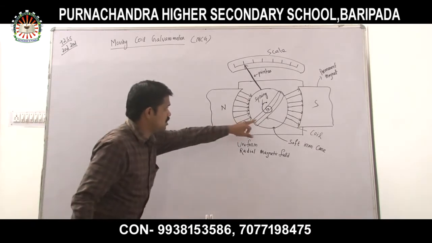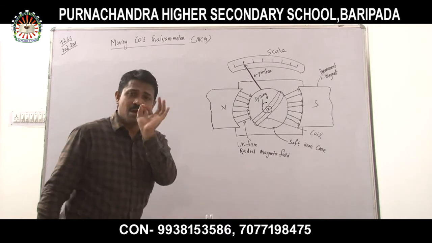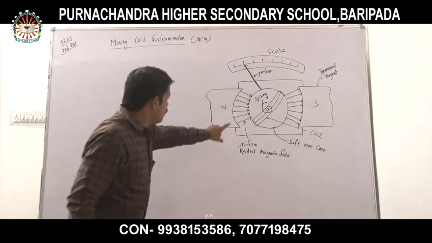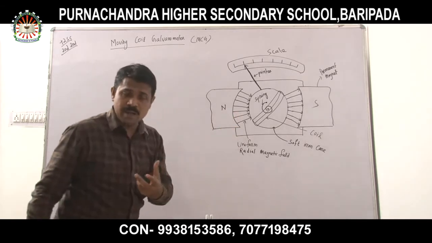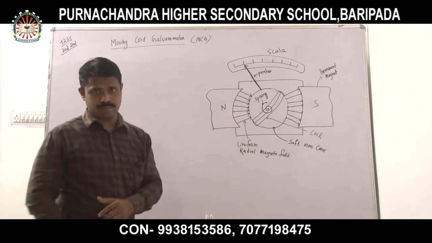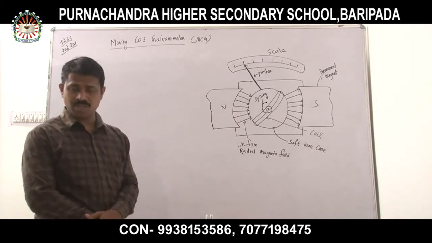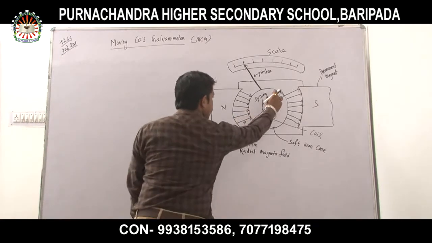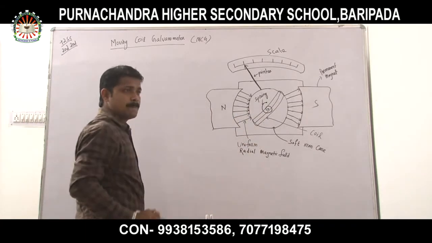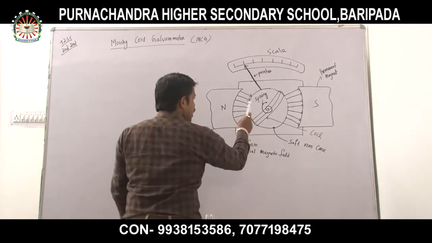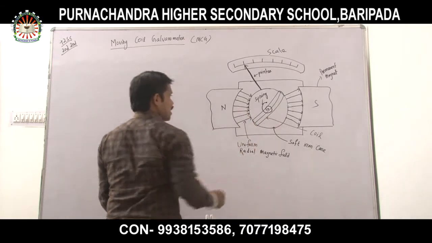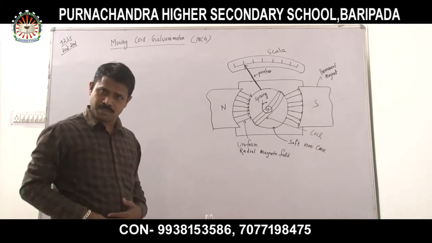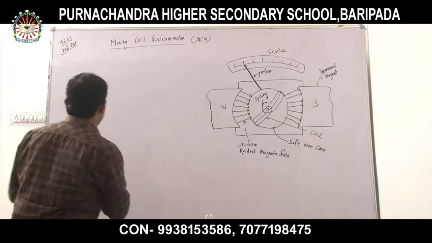We know from the previous discussion that when a current carrying conductor is present within a magnetic field, it will generate a torque. The similar thing happens here. This is a coil which is wound over a cylinder, and when it is present in a radial magnetic field, the coil will generate a torque. Clear? So what is the value of torque?